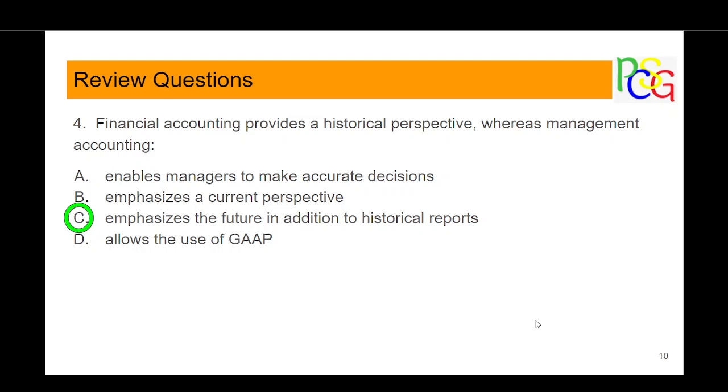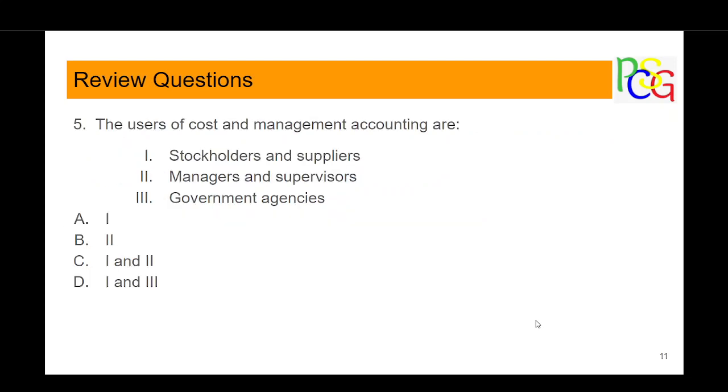Okay. Now we have question 5. It says the users of cost and management accounting are 1, stockholders and suppliers, 2, managers and supervisors, 3, government agencies. So our options are A, 1 only, B, 2 only, C, 1 and 2, and D, 1 and 3.